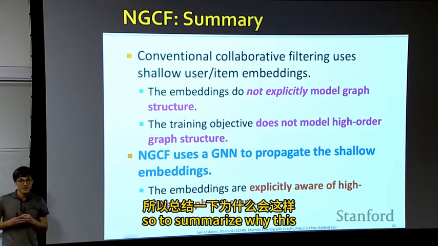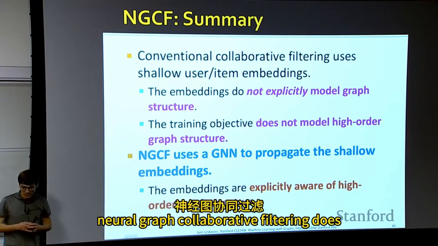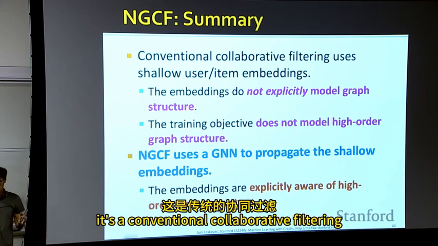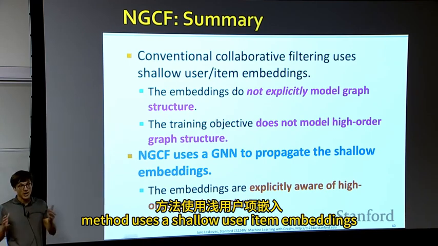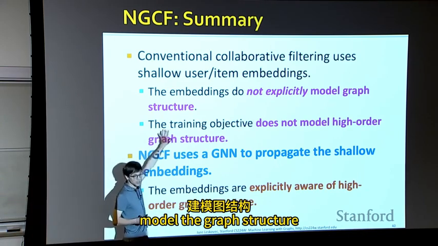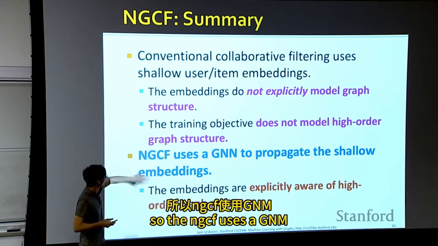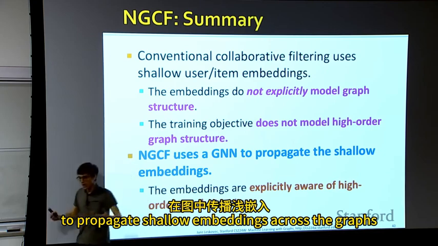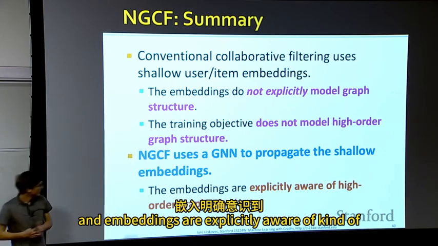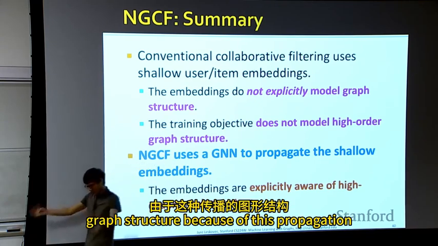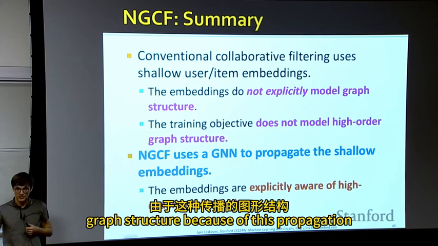So to summarize what this neural graph collaborative filtering does: a conventional collaborative filtering method uses shallow user-item embeddings, and doesn't explicitly model the graph structure. So NGCF uses a GNN to propagate shallow embeddings across the graph, and embeddings are explicitly aware of higher-order graph structure because of this propagation.